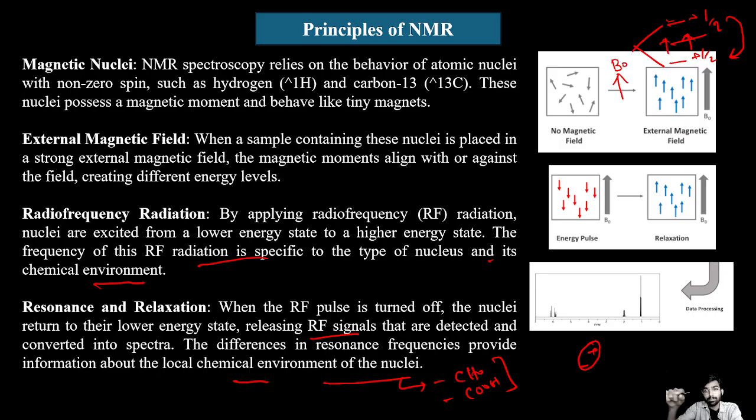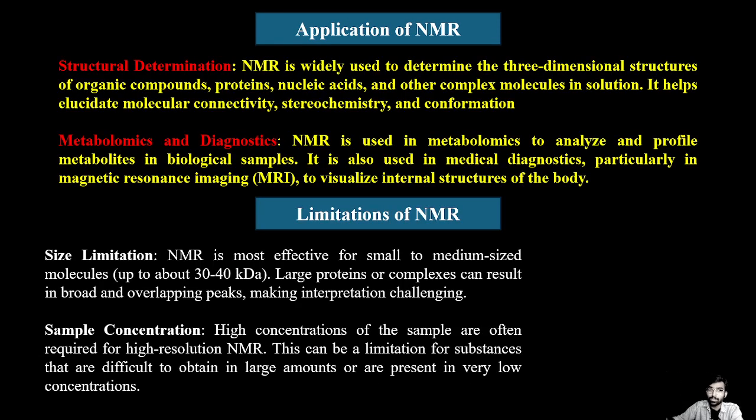And at that time the radiation will radiate in the sense of RF signal, and that signal will be captured and you will get a spectra, and after analyzing the spectra you will get to know the structure. As for application, through NMR you can determine 3D structure, and you can get very good resolution as well.